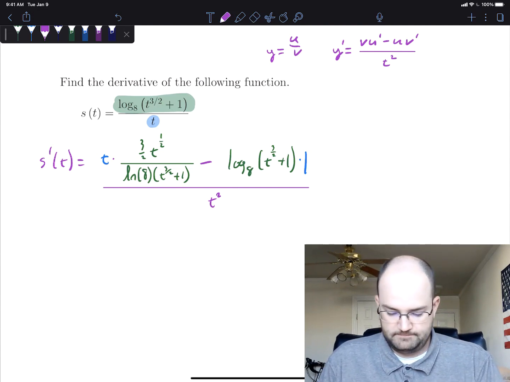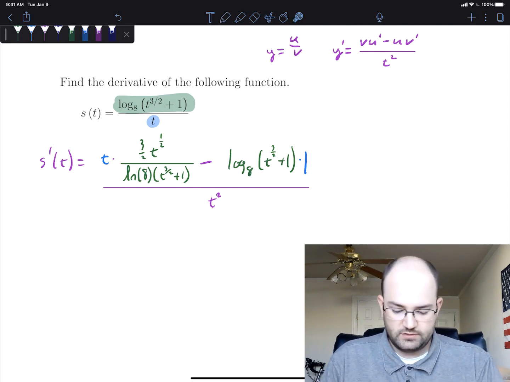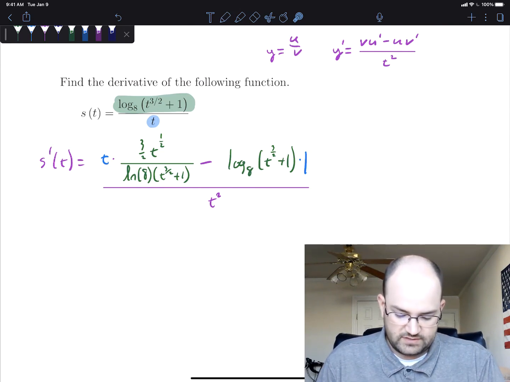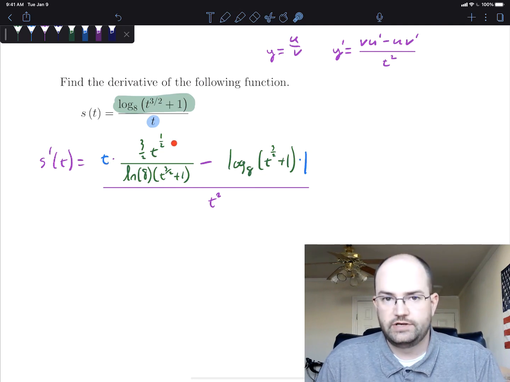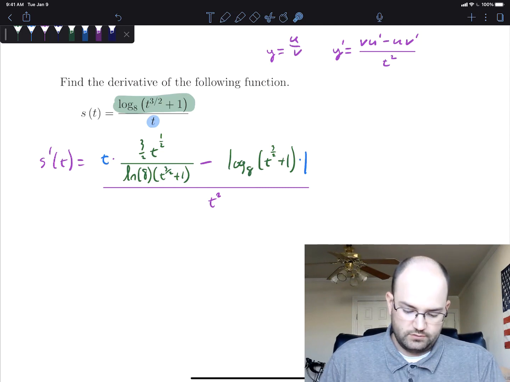Awesome. Let's see how this simplifies. Okay, so what I want to do is realize that, first of all, we've got some weirdness going on here. Second of all, this t can multiply by this t to the 1/2, making that t to the 3/2. And if I really want to, I can do the following.